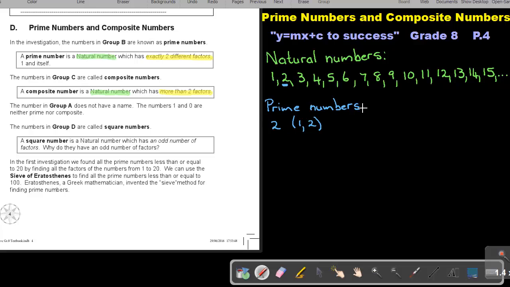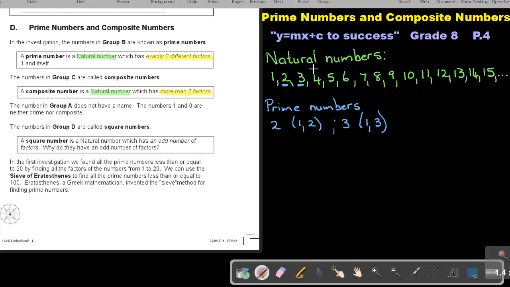Therefore, the number 2 will be a prime number. Let's continue to the number 3. What will be the factors of 3? It will be 1 and 3. So it's only having two factors. Therefore, the number 3 will also be a prime number.